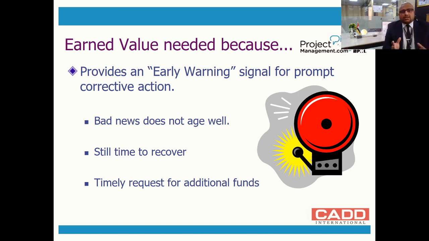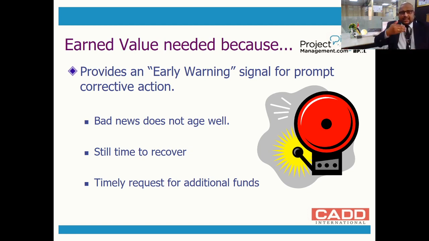Because we all know bad news does not age well. And sometimes if you get early signals, we still have time to recover. So it's not good to keep on going with bad news or a bad situation. So we have to recover it.